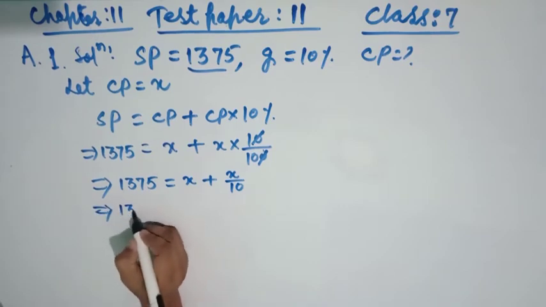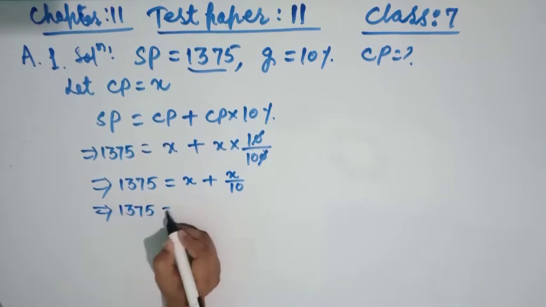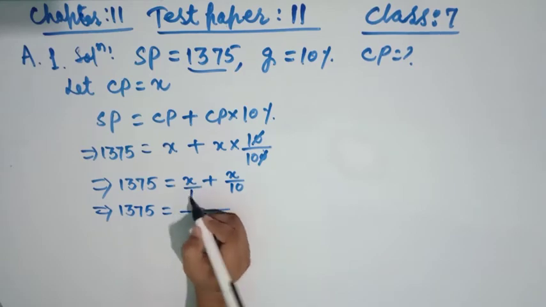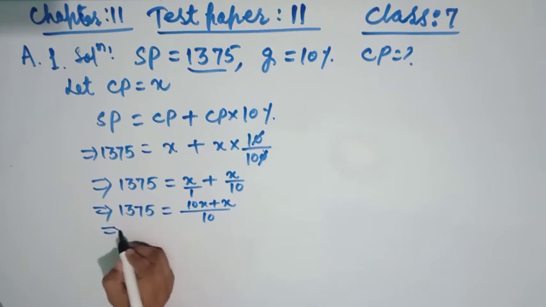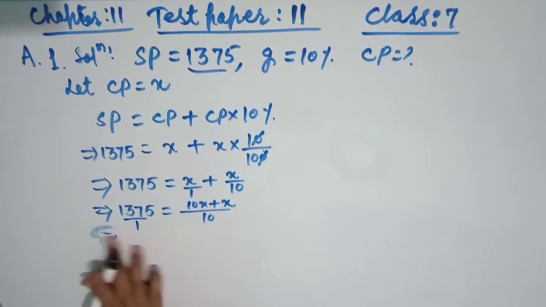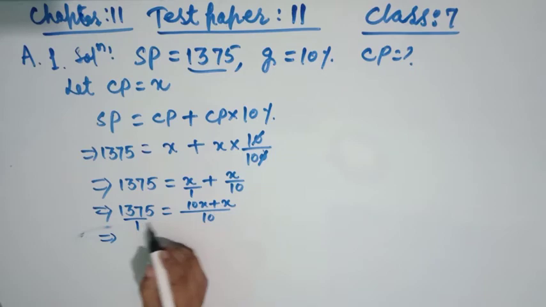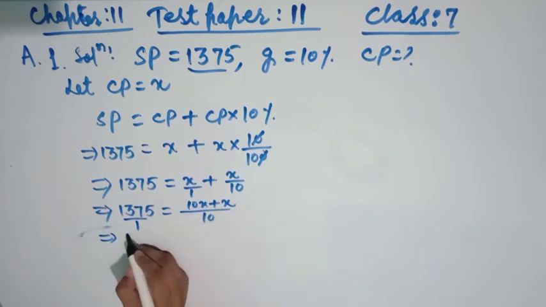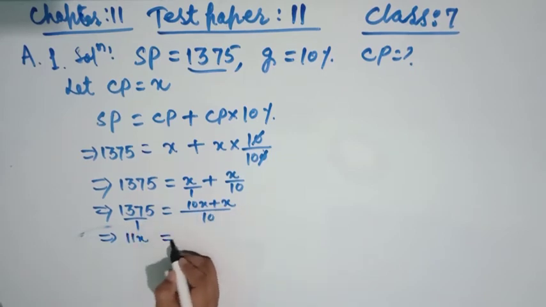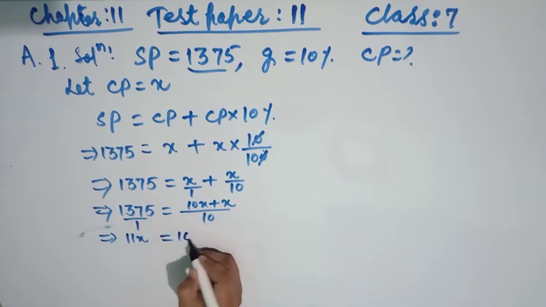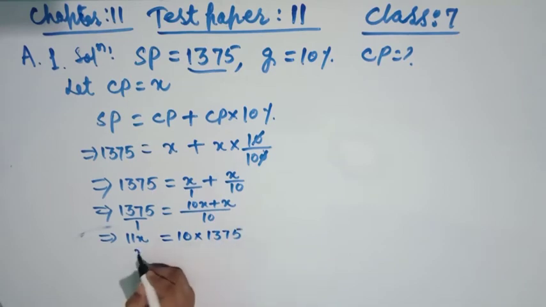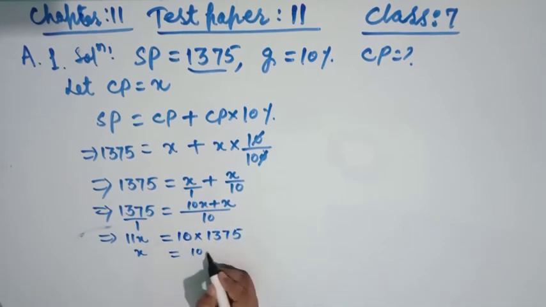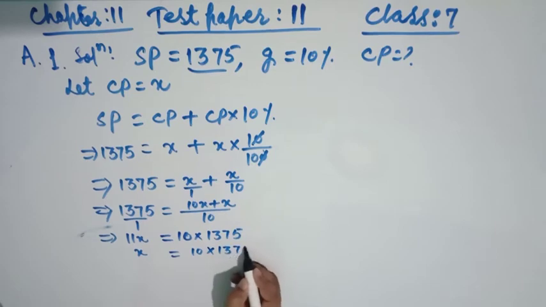Take the LCM of 10: 1375 is equal to 10X plus X over 10. After cross multiplication, 10X plus X is 11X, so 11X is equal to 10 multiplied by 1375. Now X is equal to 10 multiplied by 1375 divided by 11.